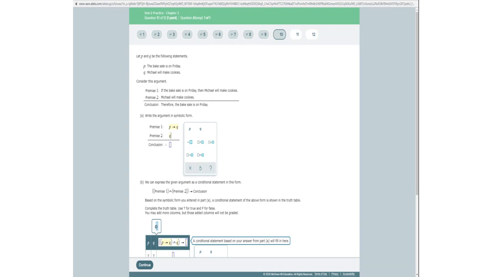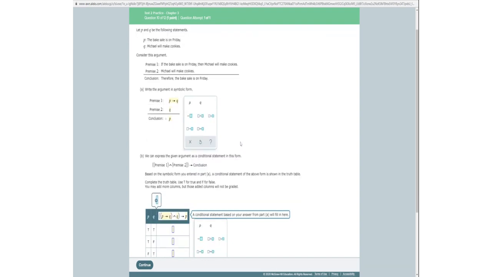So if P, then Q, and then Michael will bake cookies, so that's just Q. And the conclusion is the bake sale is on Friday. All right. So they're going to want us to do it out, but this is that same argument I think that we had with Spock. But let's do it because they want us to do it.